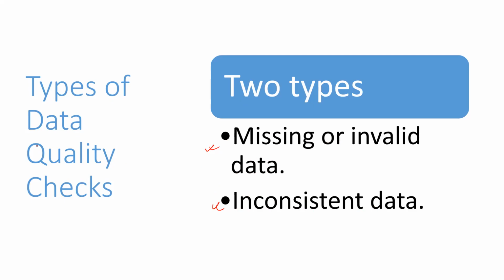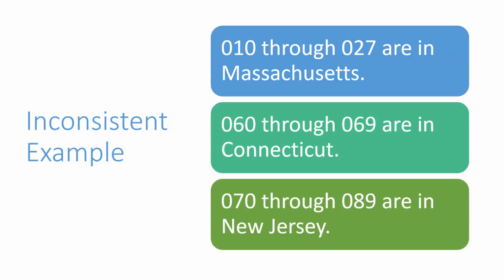These two are the main data quality checks that we usually do. An inconsistent example can be my postcode for, say, the state of Connecticut. The state's postcode is in this range, so if we get any value outside of this range, it would be an inconsistent value.